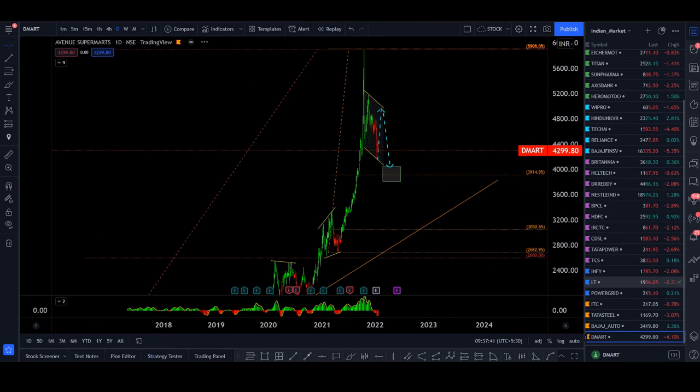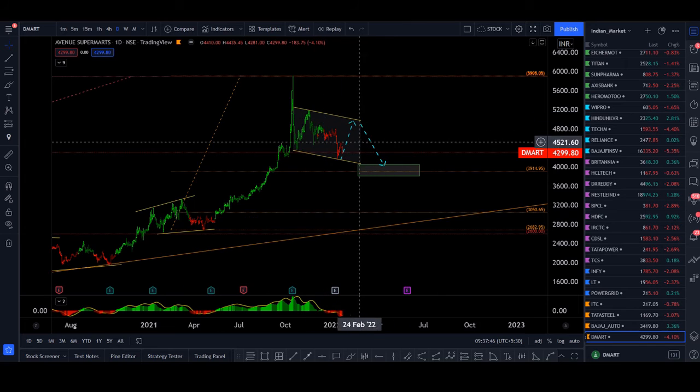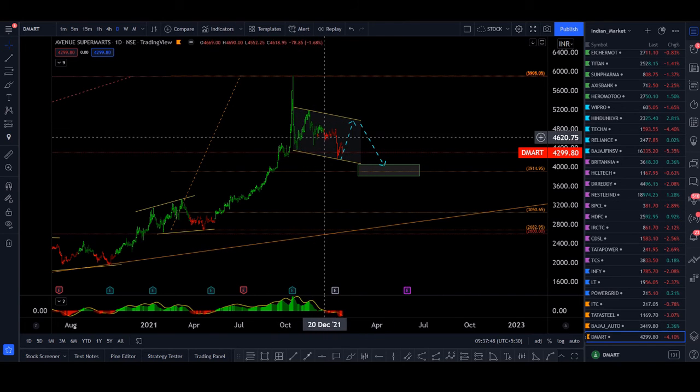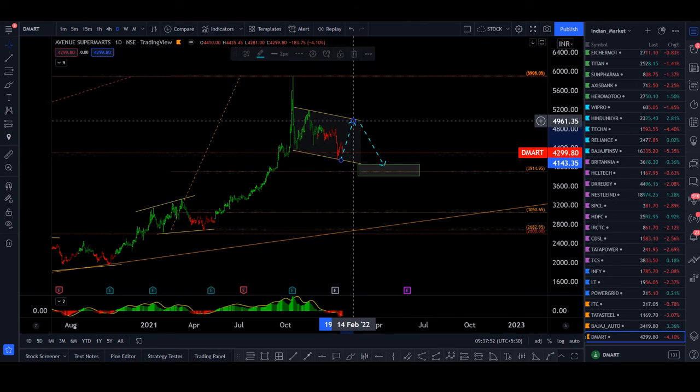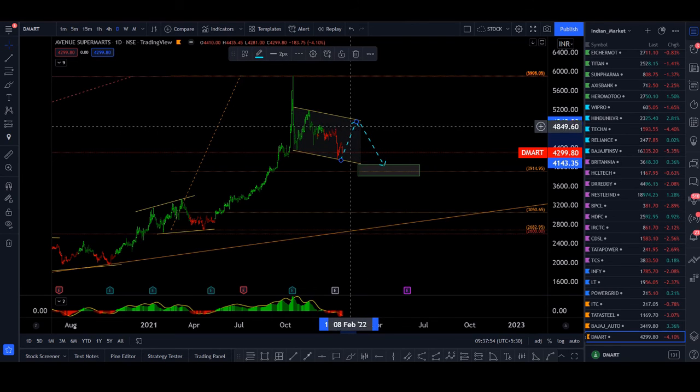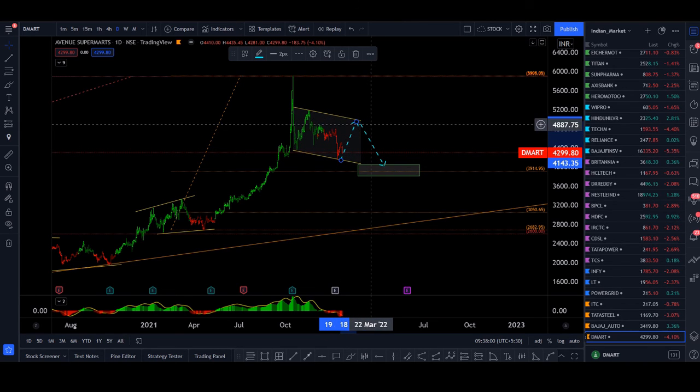So moving to DMart, we still have this down, it's in a downtrending move. There may be another upward move, but it may be a pump and dump, so don't enter the trade. Be careful when you do it, unless it actually has a consolidation to start.